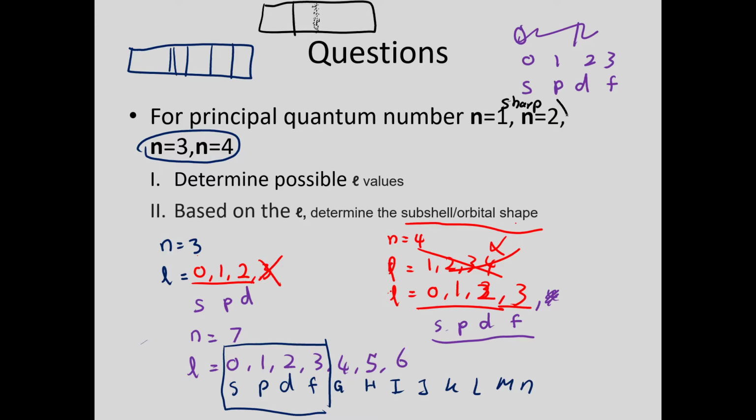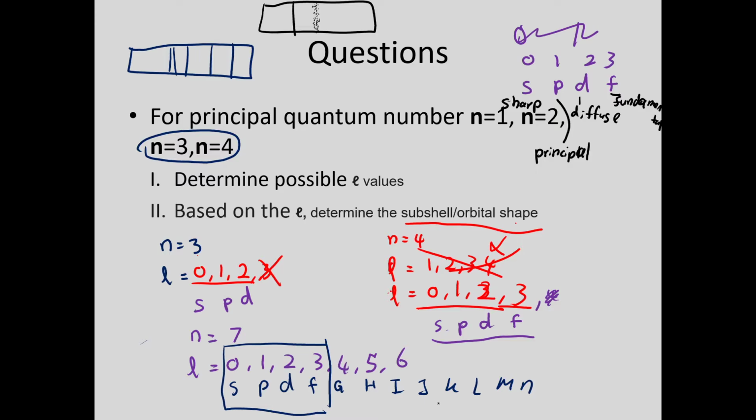P is called principal, D is diffuse, while F is fundamental. So we have these 4 lines that we often see. That is why most of the time we only look at SPDF.